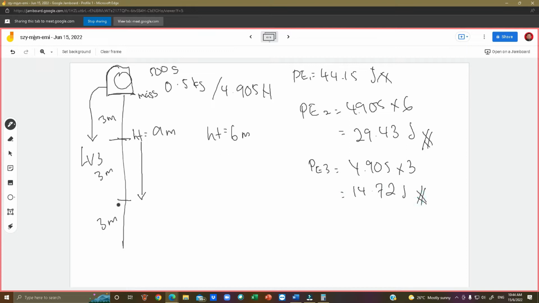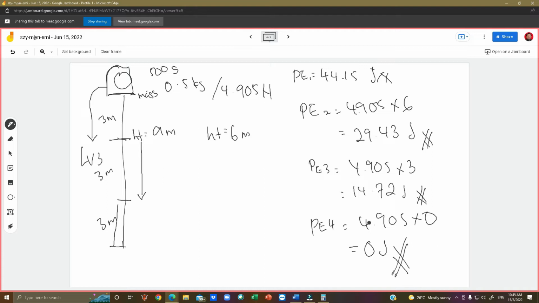And then when the ball is at the bottom, means that there is no more height. So PE4 equals to 4.905 times 0. Means the amount of potential energy when you reach the bottom is nothing. None. Ni konsep dia, okay?